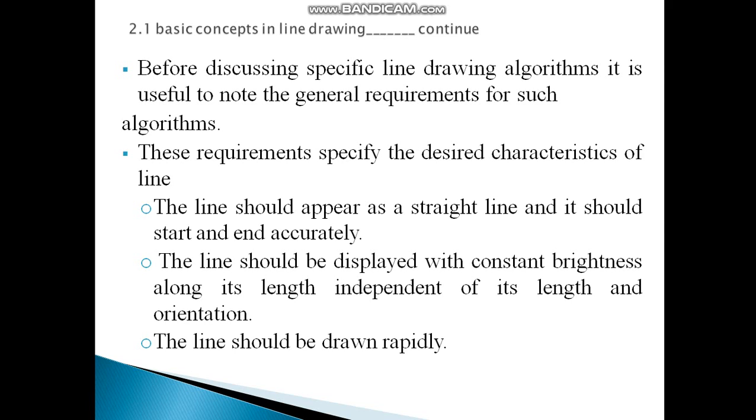Before discussing specific line drawing algorithms, it is useful to note the general requirements for such algorithms. These requirements specify the desired characteristics of a line. The first requirement is that the line should appear as a straight line and it should start and end accurately. A line connected from two endpoints is known as a line segment, and this line is a straight line.